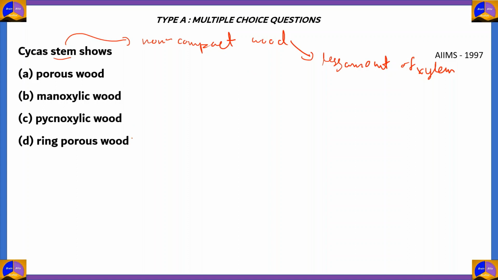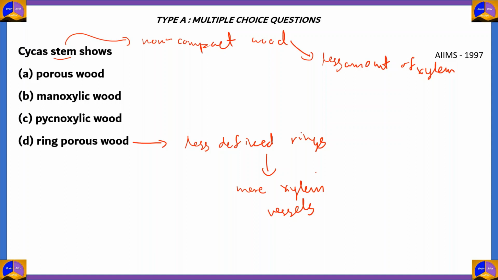Option D, ring porous wood. Now, what does ring porous wood have in specialities? Ring porous wood has less defined rings, which means that it has more xylem vessels. And that is not the type of wood found in Cycas stem, so option D is incorrect. What about option C, pycnoxylic wood?